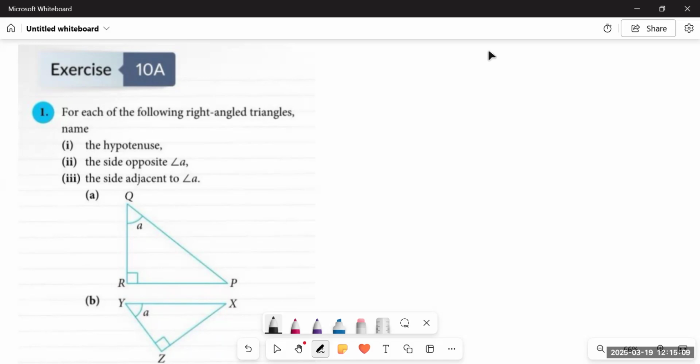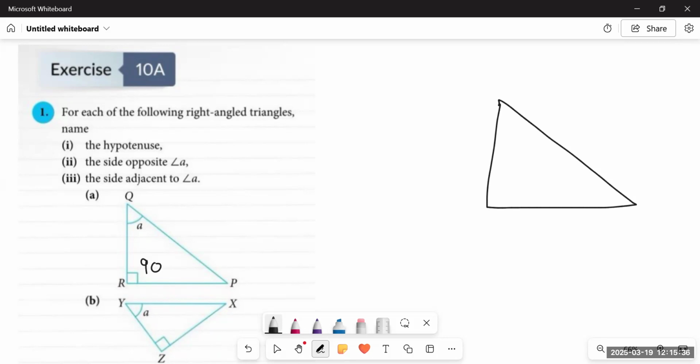So in this type of triangles, you'll be provided with only one angle, which we call theta. One of the angles is understood, that is the 90-degree angle, since it's a right angle triangle, where we have to identify according to the given angle which of the sides would be adjacent or which would be opposite.